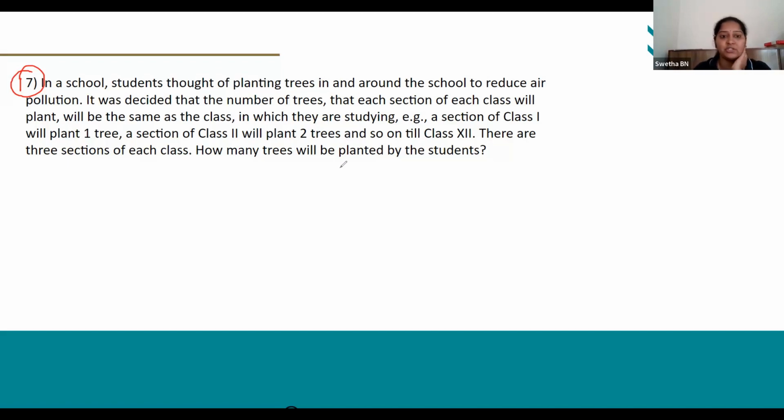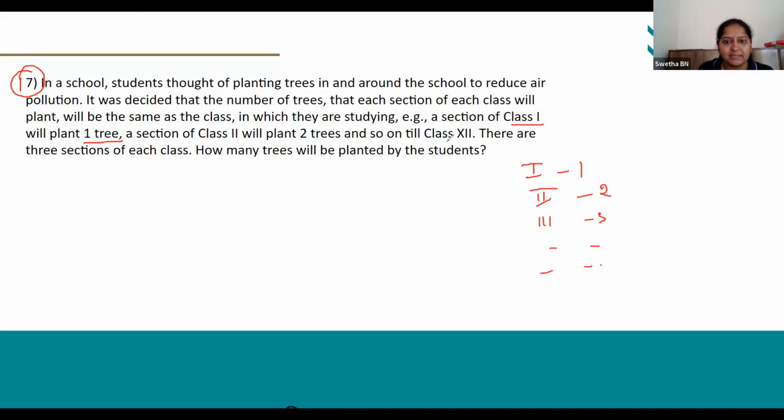Did you understand the question? See, the students are planting the trees. Section class 1 students will plant 1 tree, class 2 students will plant 2 trees, class 3, 3, like that.